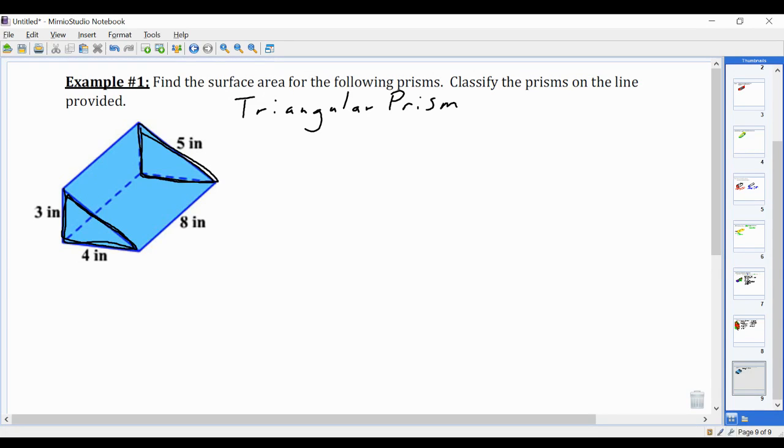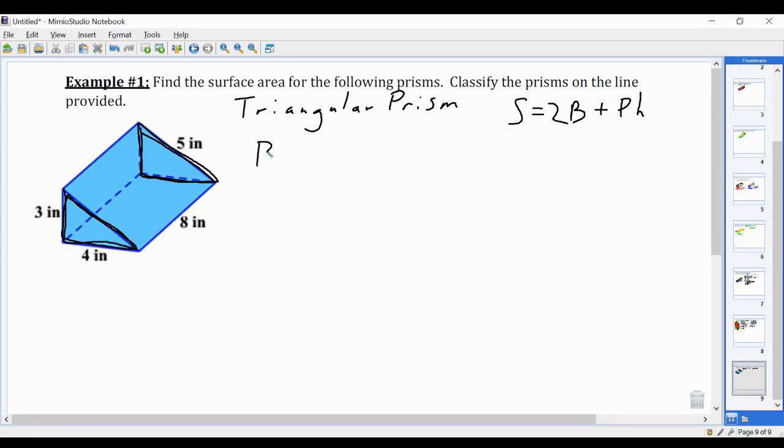Now we need to find the surface area, but our same formula will work. So our formula is the surface area is equal to 2 times the base plus the perimeter times the height. Okay, so let's start finding the pieces we need. Let's start with the base area.